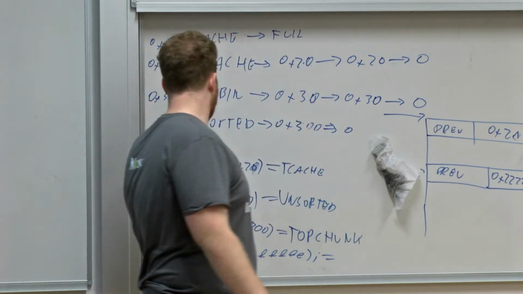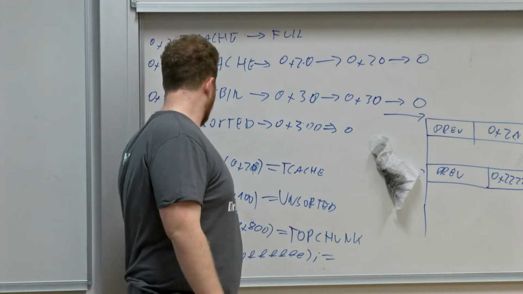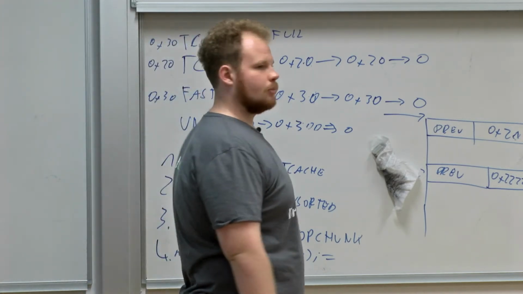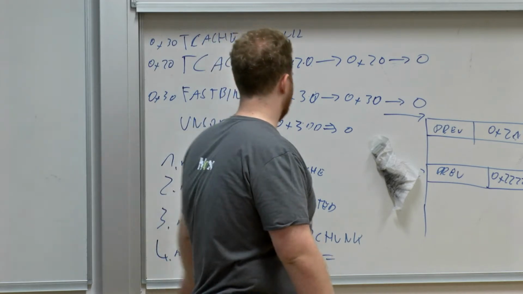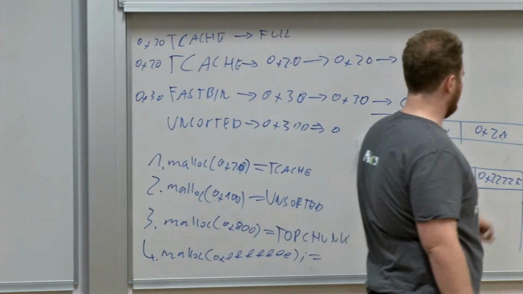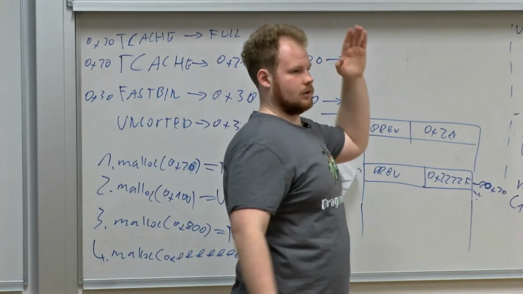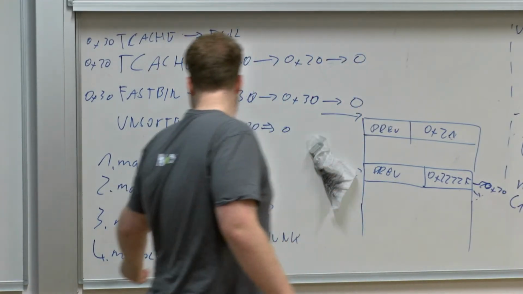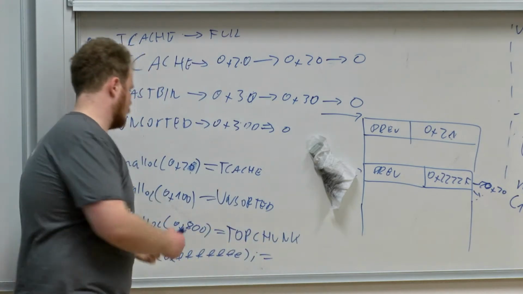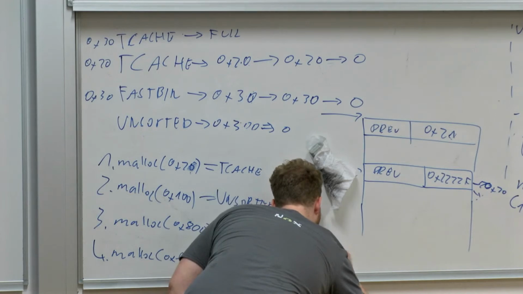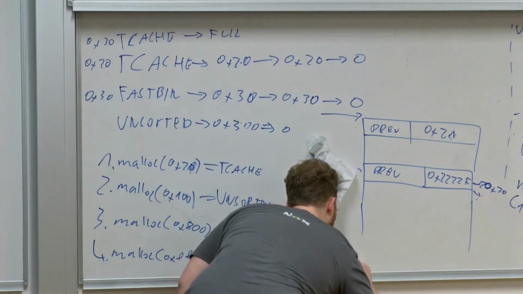Exactly. Process will go and call kernel for help and tell him that it needs more memory. Basically, it will allocate a new top chunk, and it will give it a big size. So this will come from mmap or kernel.